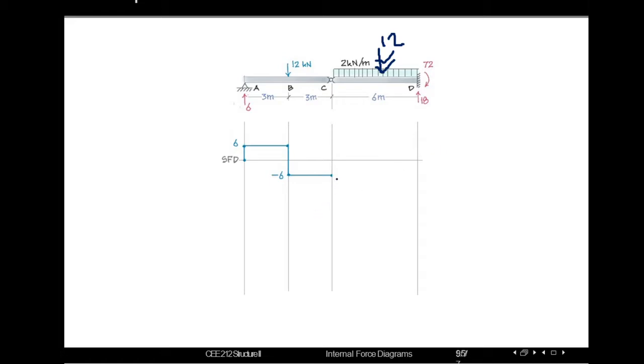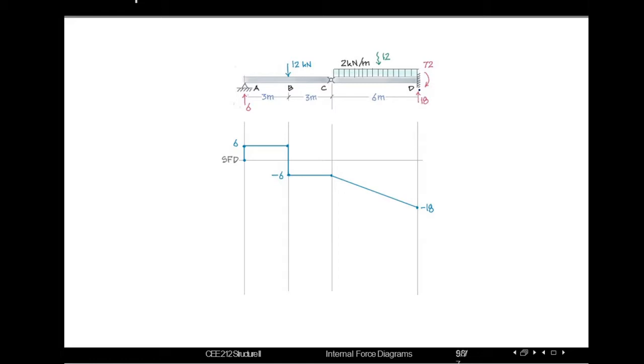Initially it was negative 6 and it is facing another negative 12 as it is acting downward. So negative 6, negative 12, in total the summation will be minus 18. So we need to select the minus 18 point around here. As the loading pattern is uniform, the line will be an inclined one. So we are drawing an inclined line here.